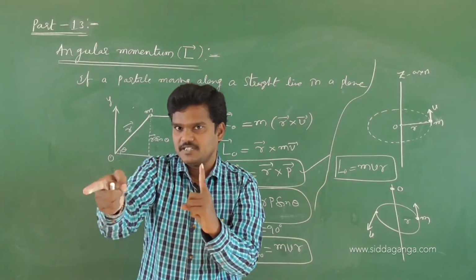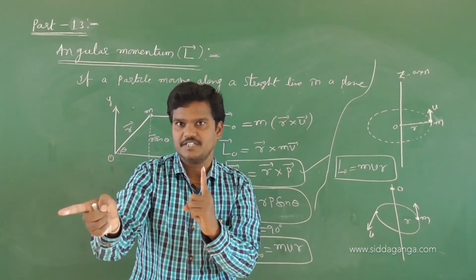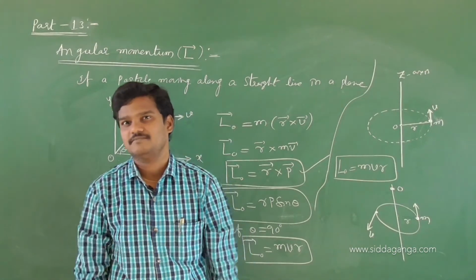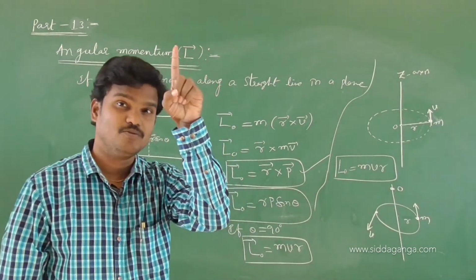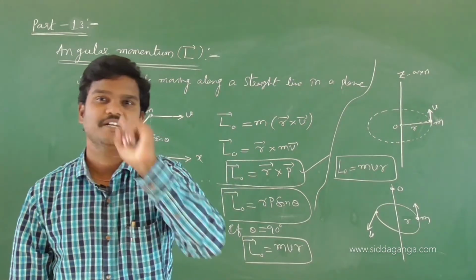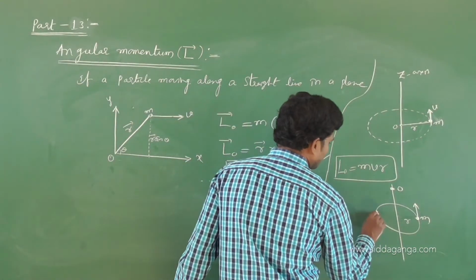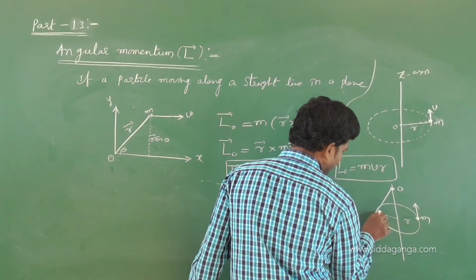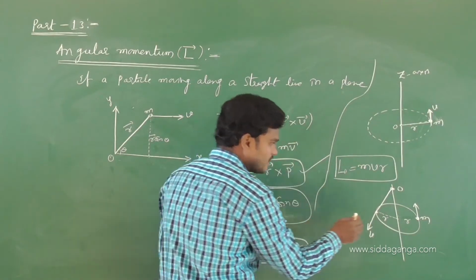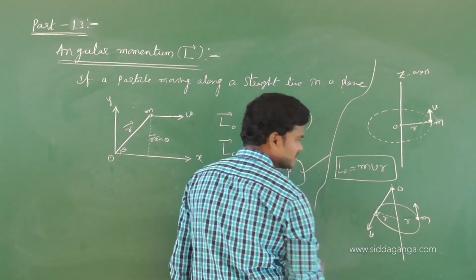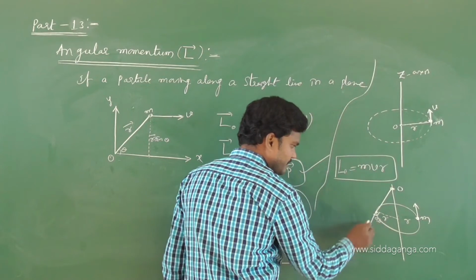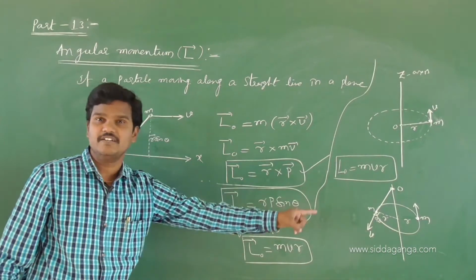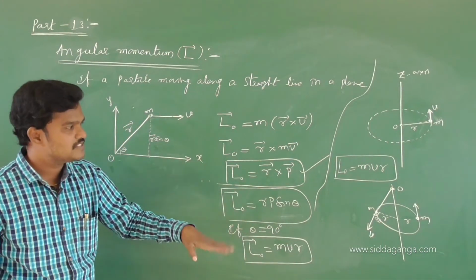If you draw a tangent, and from O you draw a line to that tangent, no doubt this is r. The diagram is not clear, but the angle between mv and r is definitely 90 degrees. Imagine it in a 3D way. So the angle between them is 90 degrees.